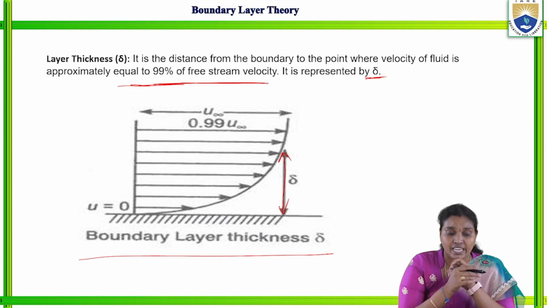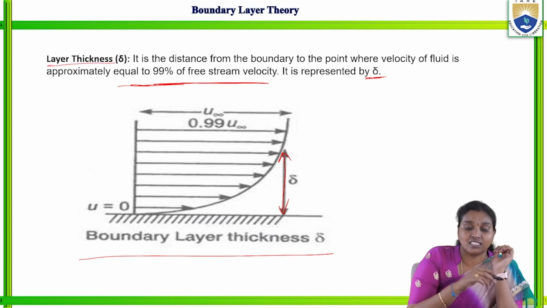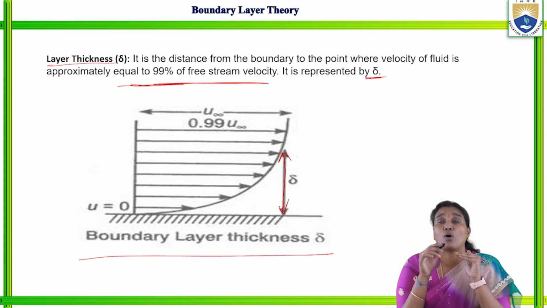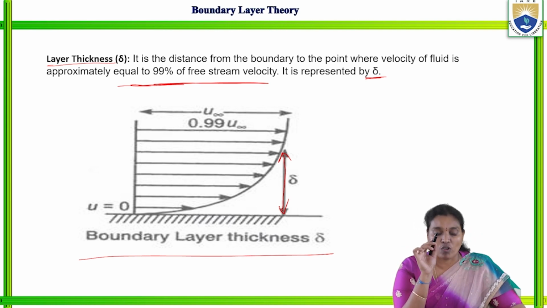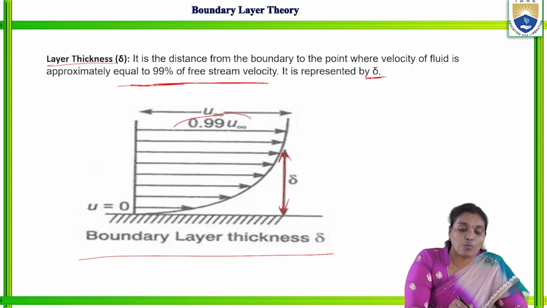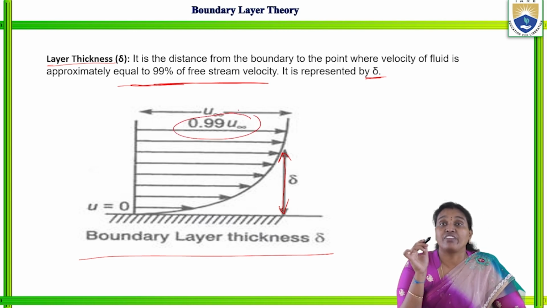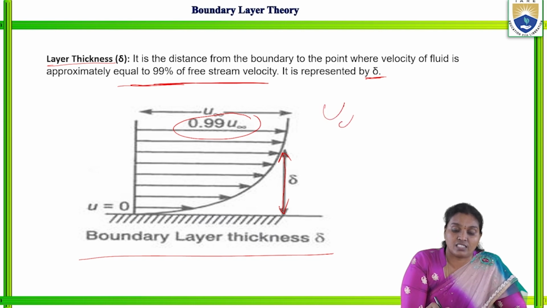It is the distance from the boundary to the point where the velocity of the fluid is approximately 0.99 of the free stream velocity.